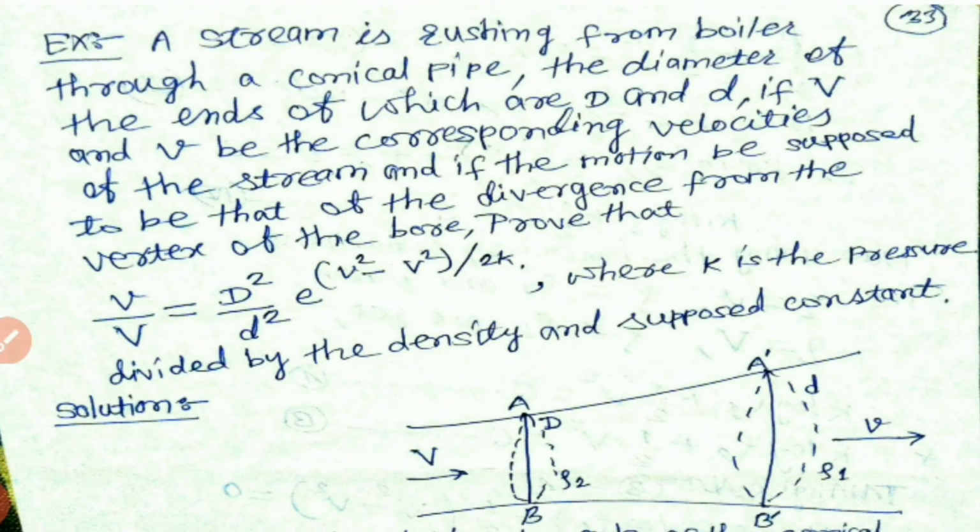We have the stream rushing from a boiler through a conical pipe. The diameters of the ends are capital D and small d.